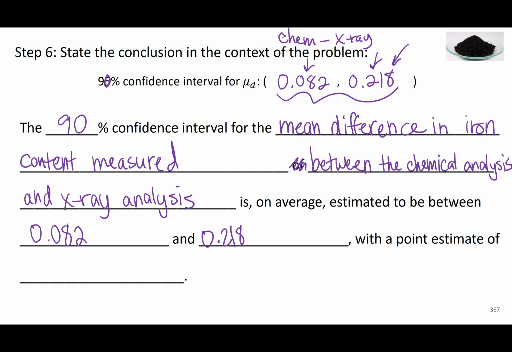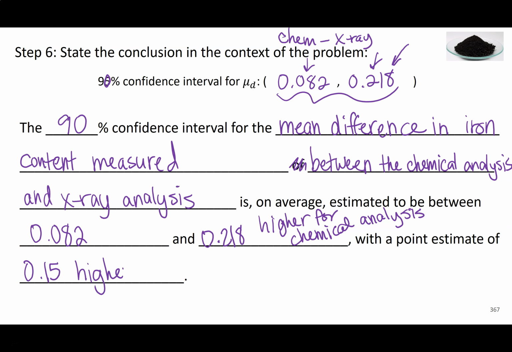So I'm going to put that in here: higher for chemical analysis. This is me inserting the direction I subtracted, with a point estimate of what I saw in the samples, 0.15 higher for chemical analysis.